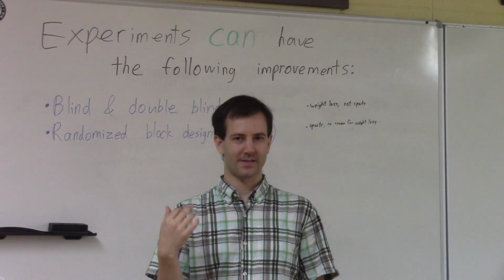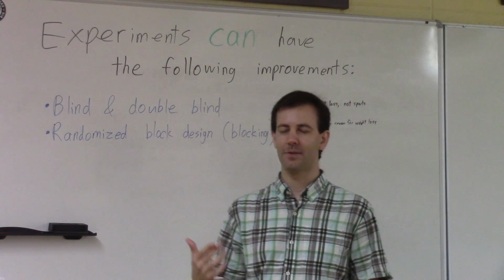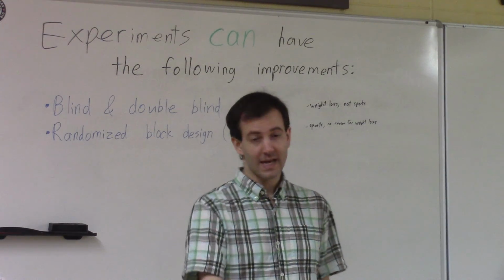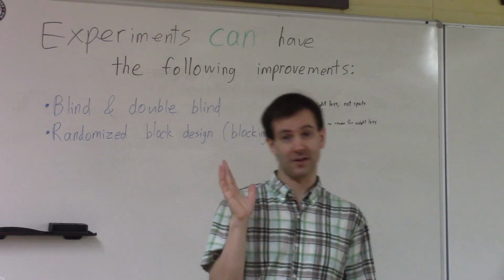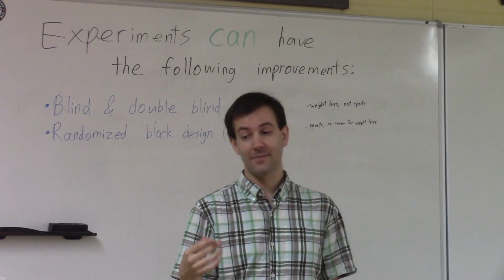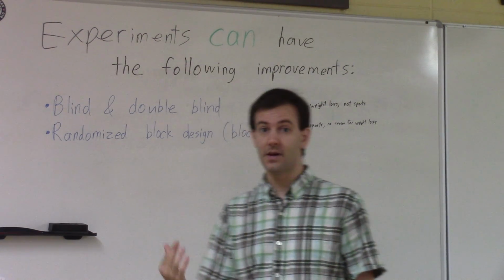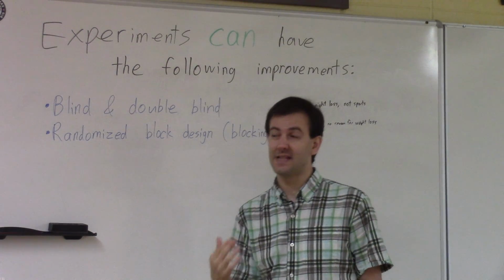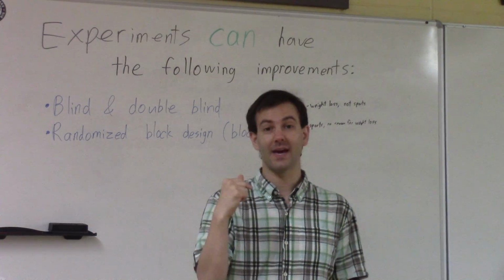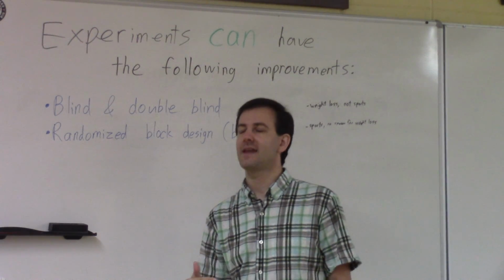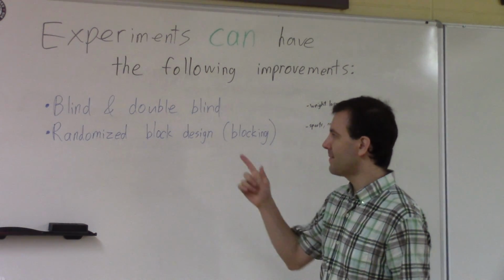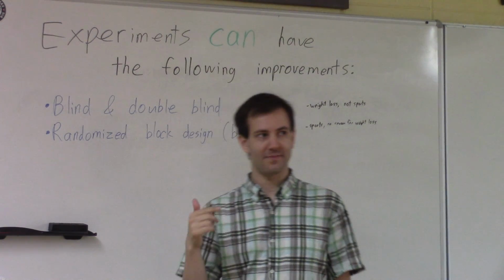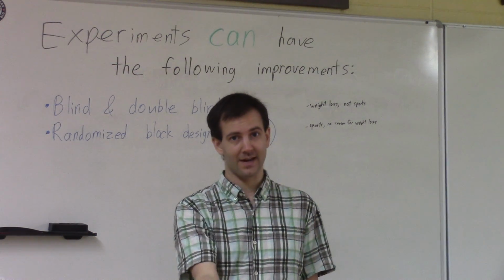This may affect their psychology as to whether they will bother going jogging in the morning. It might make them less likely to want to bother exercising considering they're getting a treatment. Anyway, it might have the opposite effect. We don't know. But because they know they are getting the drug, that may affect their behavior. And so by making the experiment blind, that refers to making them not know whether they're getting the treatment.